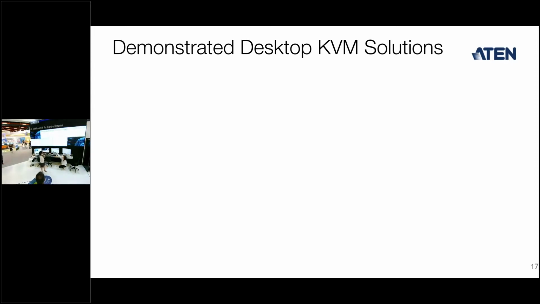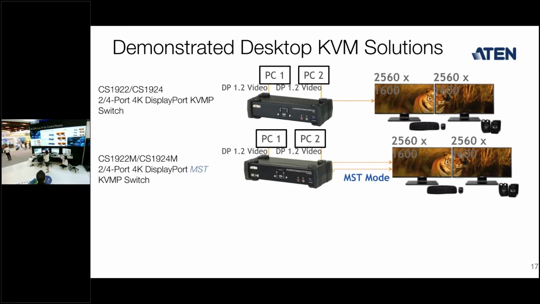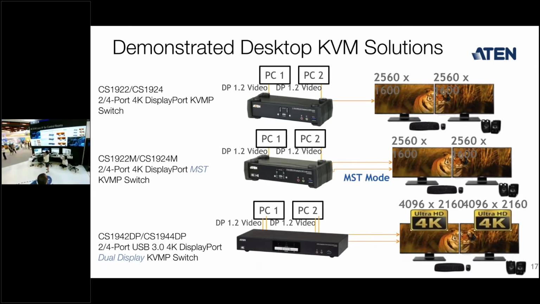Right now the mainstream is still Full HD, but we have seen lots of requirements moving to 4K, and when you are dealing with 4K, bandwidth is an issue. We have also seen the video interface moving from the traditional VGA to HDMI or DisplayPort.